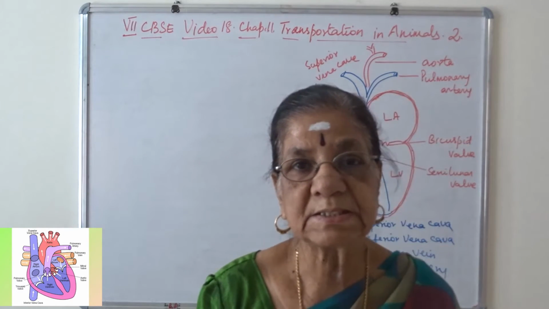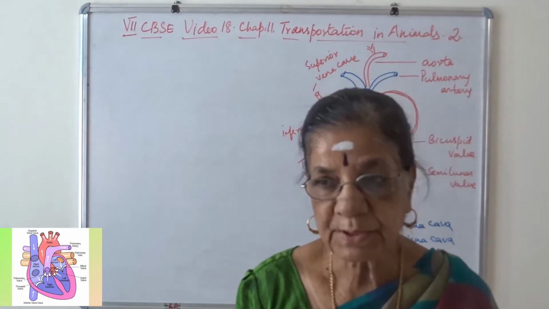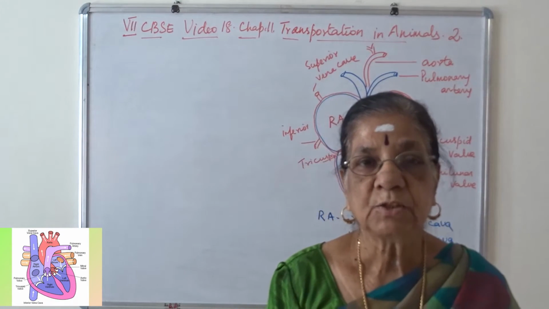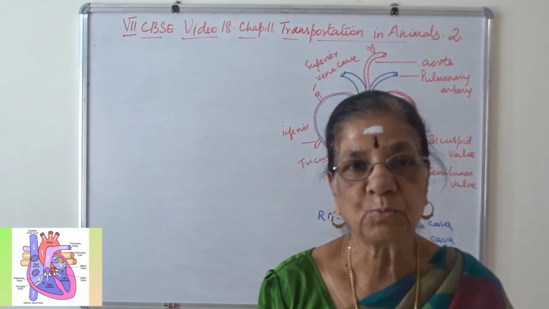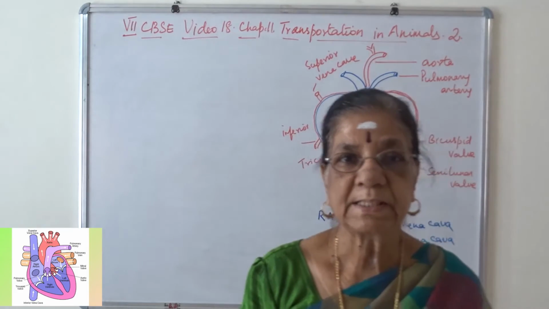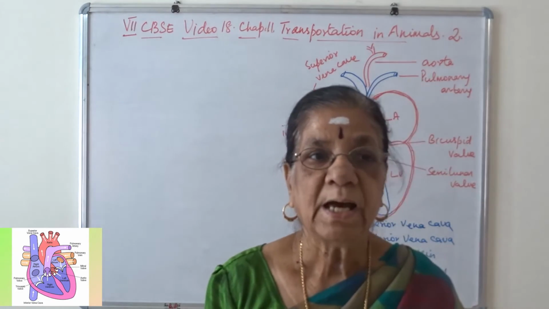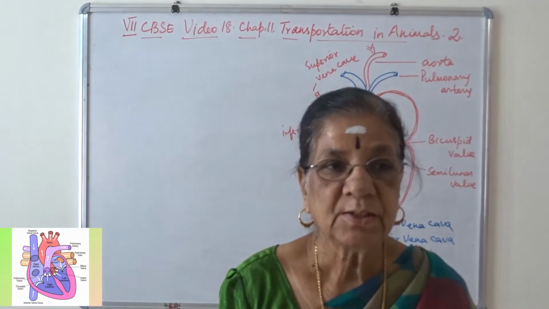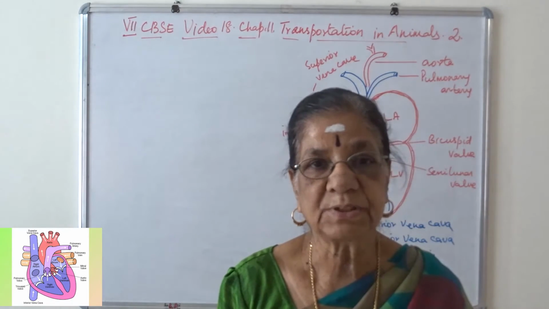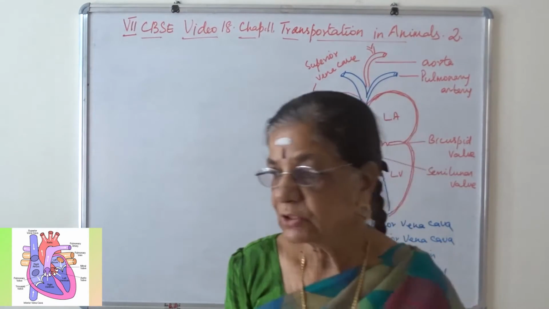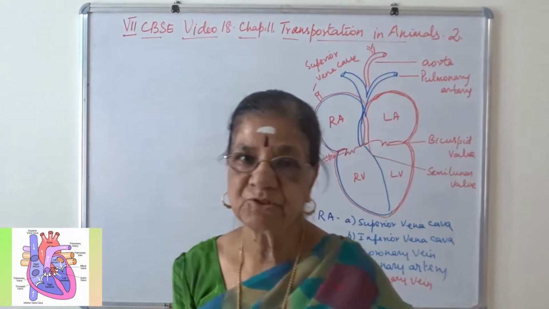RBC contains a respiratory pigment, hemoglobin, which combines with oxygen to form oxyhemoglobin. And mammalian RBC have no nucleus, which is the characteristic feature. I hope you understand. So this is for blood cell types.